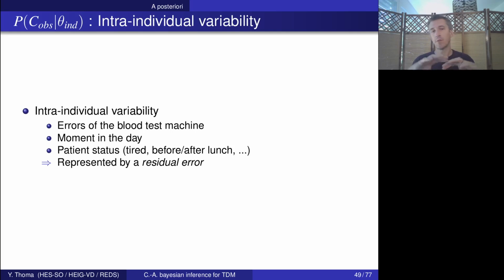And so we represent all that information within the so-called residual error model that will add some uncertainty around all that. I won't go into the details of how we use that mathematically, because it's a bit tricky. But just so you know, we need a residual error model, we need some variability of the parameters to end up with a nice prediction.